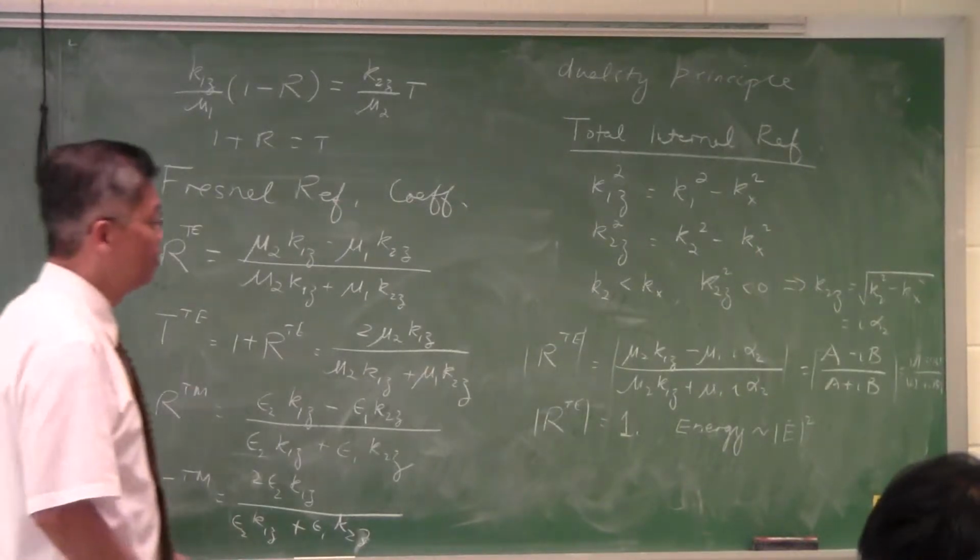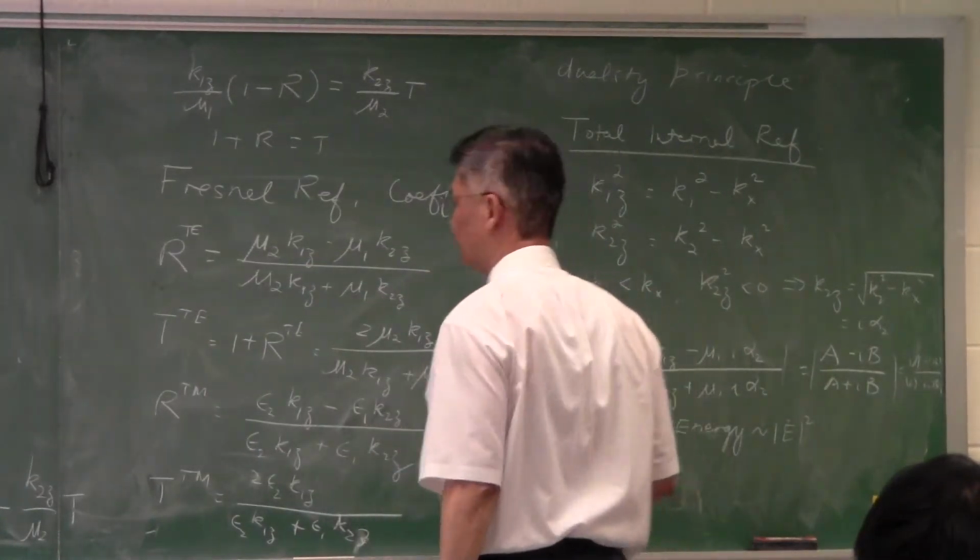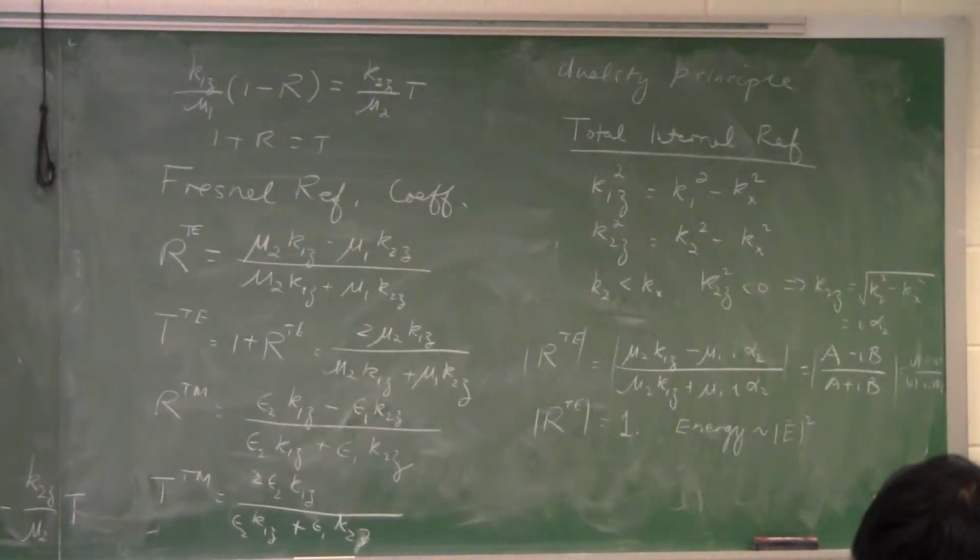This can only happen if k2 is less than k1, that is, region 2 is optically less dense than region 1. If a wave comes in, because this is optically less dense, the wave is refracted in this manner. If you keep increasing the angle of incidence, there will be one juncture where the transmitted wave will be horizontal.